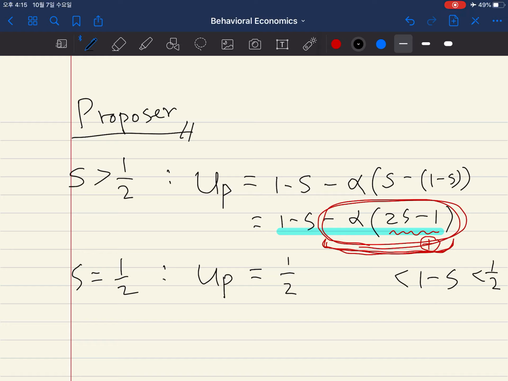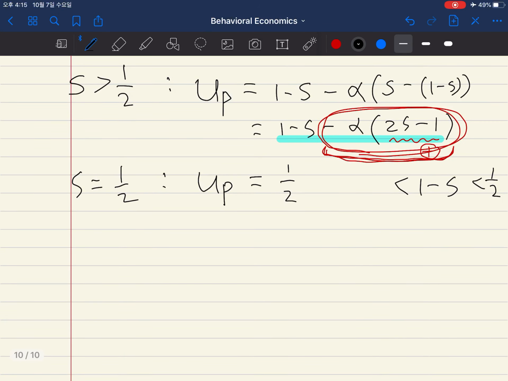Therefore, we know that the proposer's utility when the proposer offers more than half is less than the proposer's utility when the proposer offers exactly half. So this means the proposer is never going to offer more than half of the resource to the responder. This seems quite intuitive.